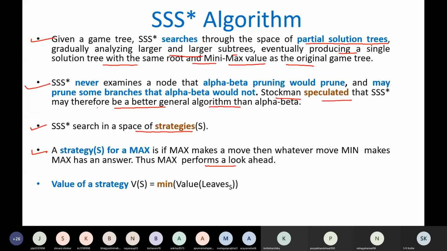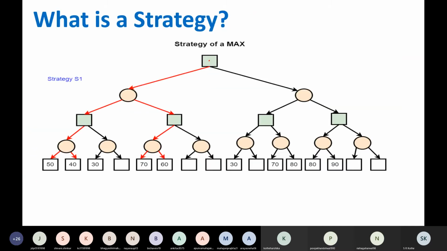Go back. A strategy for max is, if max makes a particular move, whatever move min makes, max has an answer. For the same game tree, instead of this, you can have this strategy. If max makes this move, which is shown on the right hand side, whatever move min makes, either left hand side or right hand side, max will have an answer. Either left or right, the optimal move max will select out of these two.